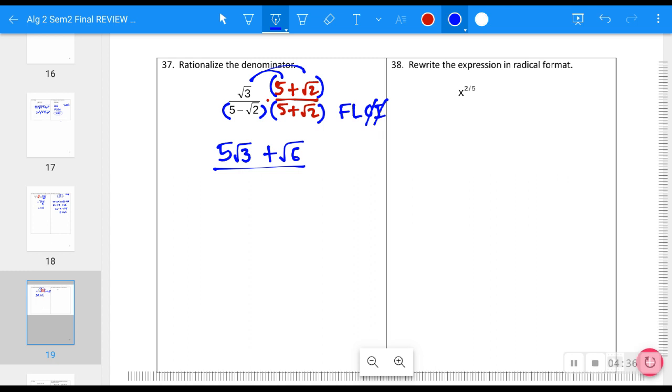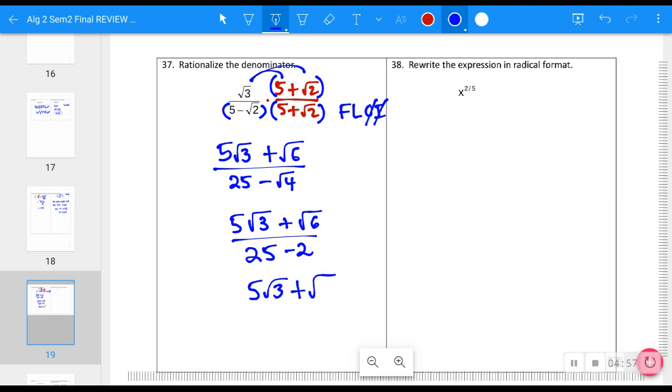So we just use first and last. First times first is 25. Last times last is minus root 4. So we get 5 root 3 plus root 6 over 25 minus 2. And that ends up being 5 root 3 plus root 6 over 23.